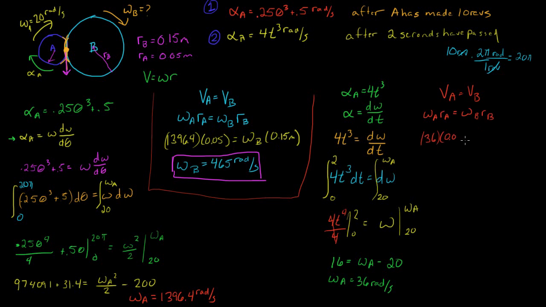We don't know the angular velocity of B, so we leave it as omega B times this radius of B, which is 0.15, and we solve for omega B. When we solve, we get 12 radians per second. And this is our final answer for the second way to do this problem.